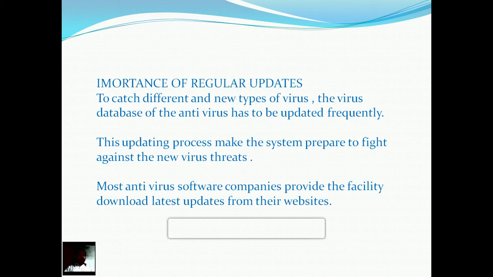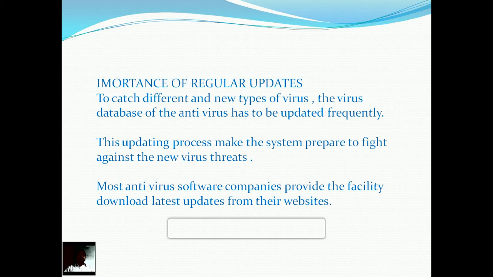Now, the importance of regular updates. We know that day by day new viruses are found by computer programmers, and if our virus database is not updated, the latest virus will not be found by our antivirus software. That's why we have to update the antivirus database, maybe after 1 week, or once in a month or twice in a month.